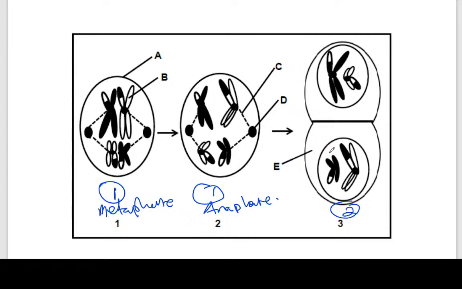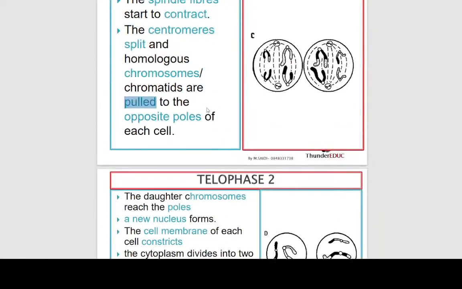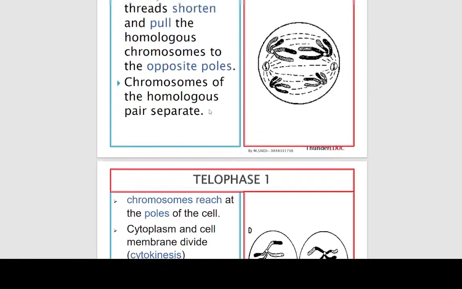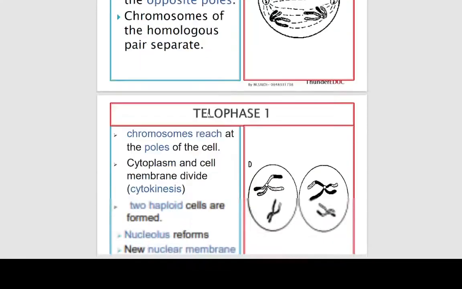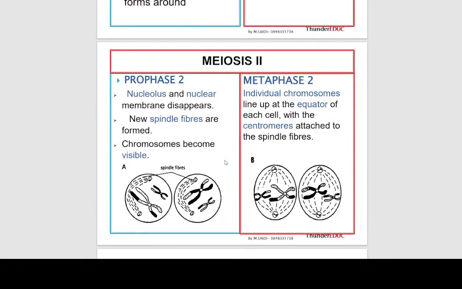If you're reading some books and want a distinction, just focus on this book. If it is telophase 1, they look like this, you see?